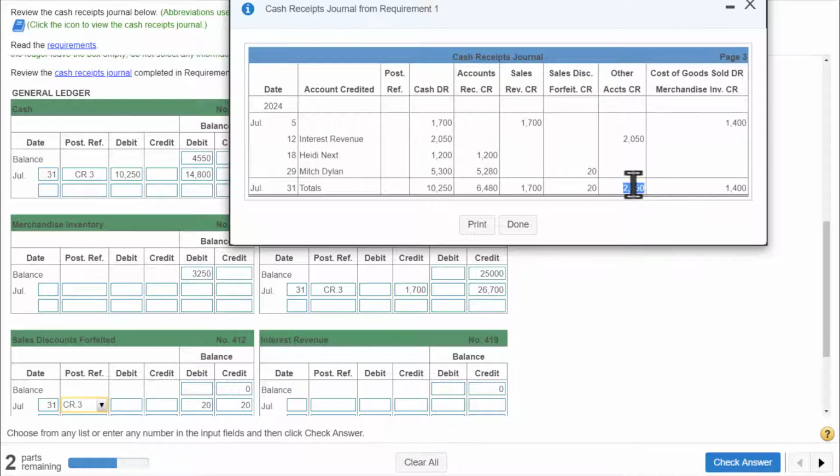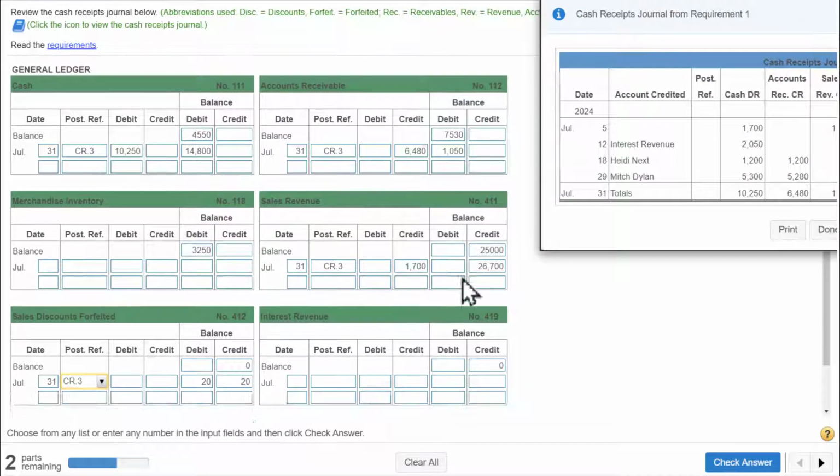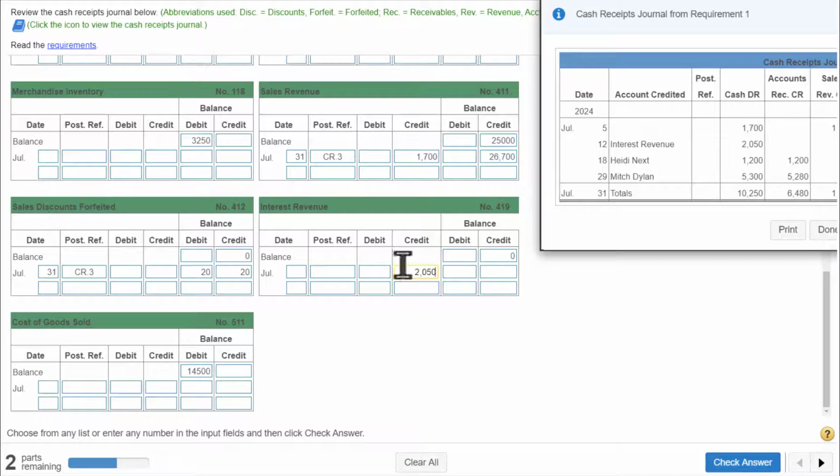So this total could be from multiple different accounts. So instead of posting the $20.50, you go up here, you post technically this $20.50 to what account? Interest revenue as a credit. So $20.50 interest revenue credit. Our new balance is $20.50.